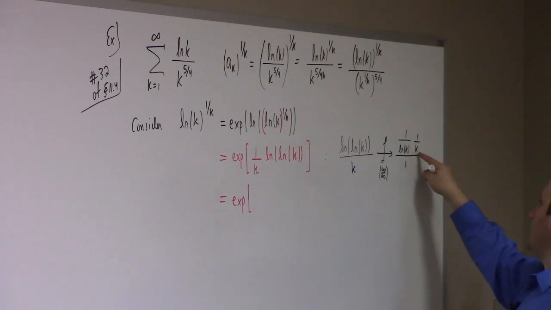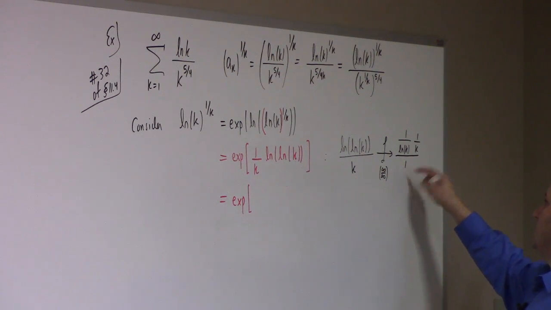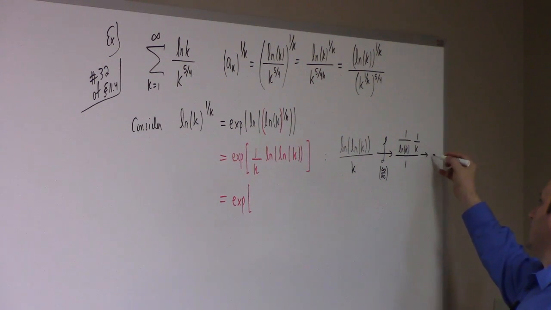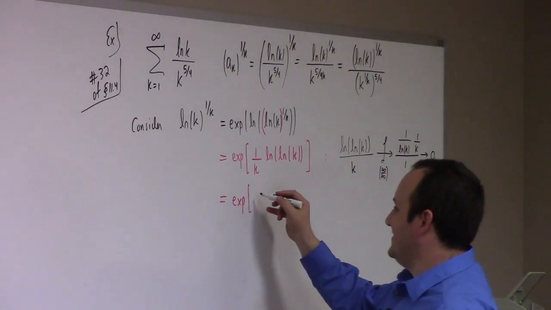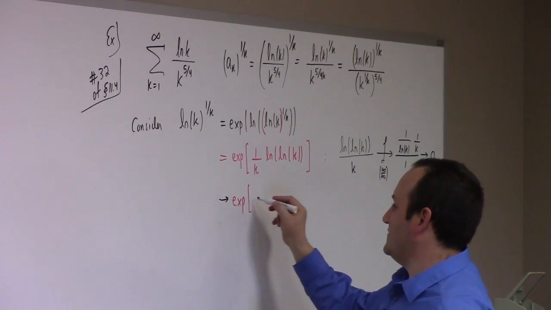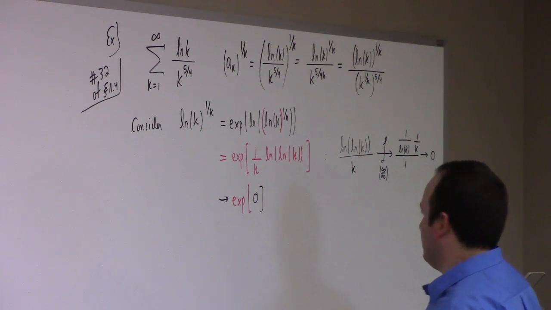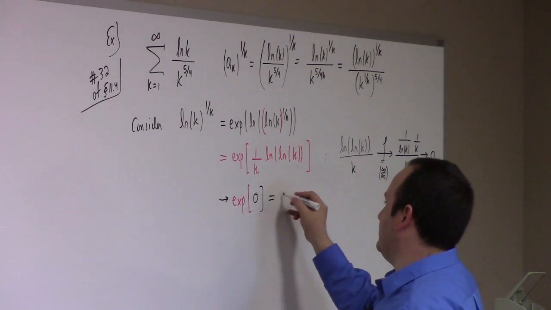Now, this goes to infinity, that goes to infinity, that's 1. So this is going to exponential of 0, which is 1, right?